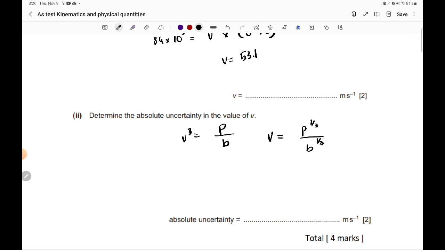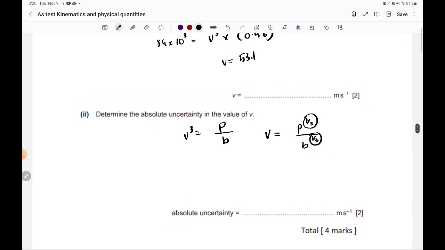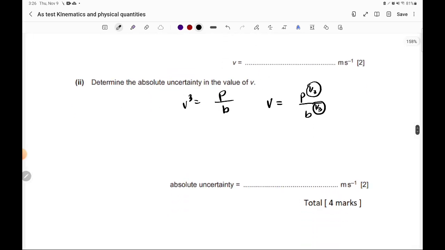We already have the percentage uncertainties, and we know that whenever there is multiplication or division involved, you always add the percentage uncertainties, but be careful with the powers. These powers will be multiplied by those percentages as well. Luckily we have the same power for both, so we can do it in one single operation.